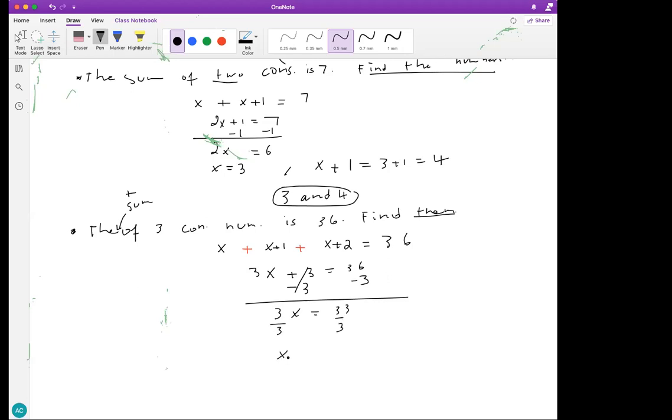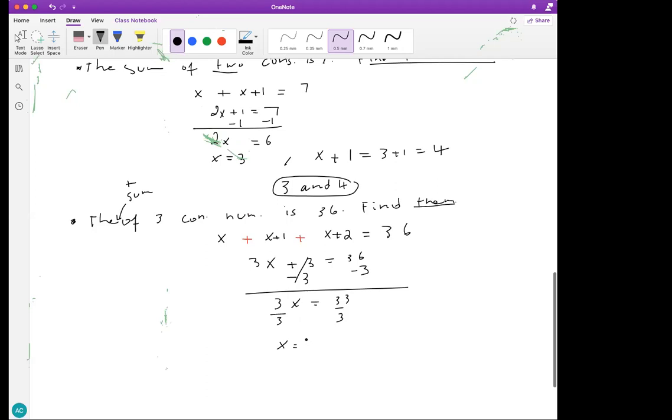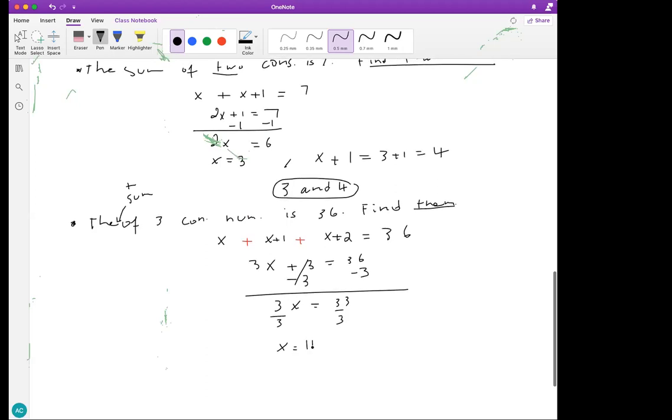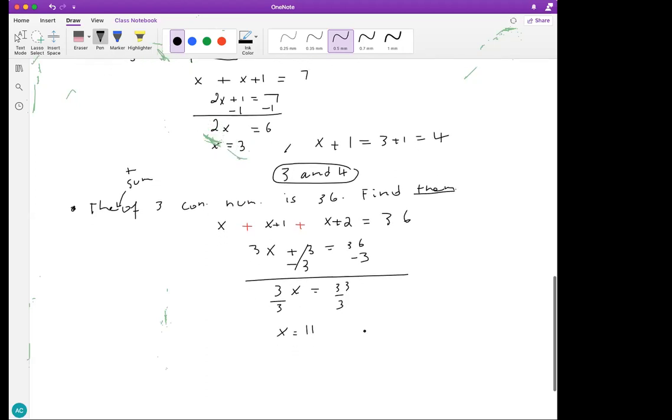So the first number in line is, what is it? 33 divided by 3 is 11. Okay. What's the next consecutive number after 11? Should be 12. Let's call this x1, x2 is 12, and x3 is 13. That's right.